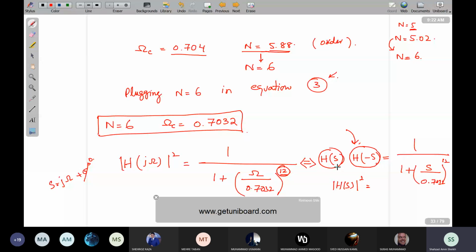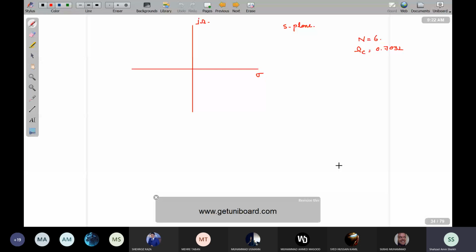And we are saying that आपके पास यहाँ पे जो poles plot होने जा रहे हैं वो H(s) के भी और H(-s) के भी poles plot होने जा रहे हैं, and that are present at a radius of omega c. So this is very important. थोड़ा सा इसको तवज्जो के साथ देखिए कि आपके पास जो poles पड़े हुए हैं, and remember this is not Z domain and this is not unit circle.